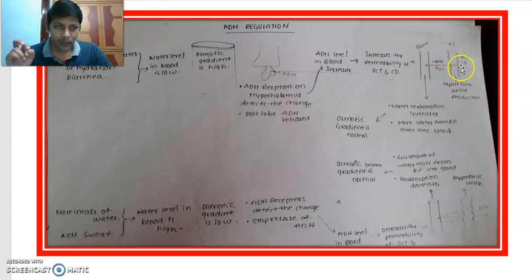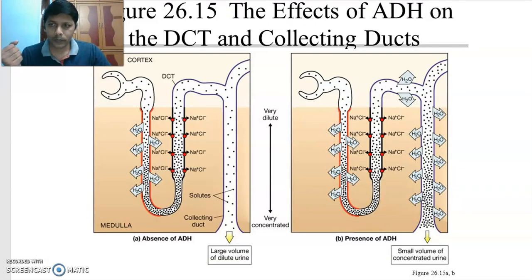Now what happened? Urine now became hypertonic because water, the solvent, is absorbed from the filtrate. That means it becomes hyperosmolar, more solute is present. You can observe again here. A small volume of concentrated urine is produced, but in case of absence of the hormone, a large volume of dilute urine is produced.